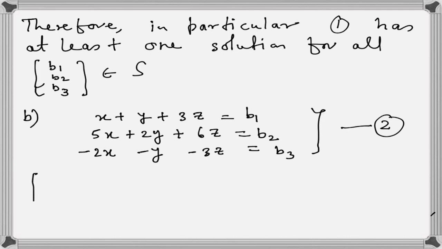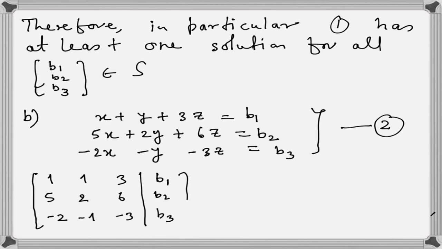Okay, so write the augmented matrix for the system: 1 1 3, 5 2 6, minus 2 minus 1 minus 3, b1 b2 b3. Okay, so what we'll do is some row transformations. So the first row is this, b1.